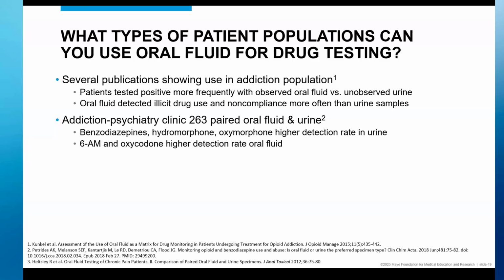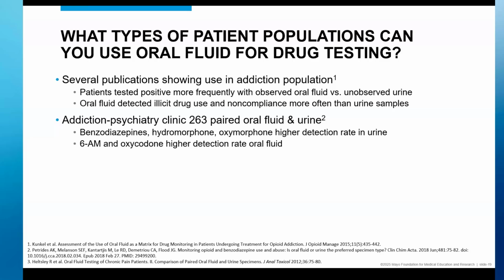They also found that oral fluid detected illicit drug use and noncompliance more often than the urine samples. And so this is why using a rotational strategy of sometimes using presumptive oral fluid testing along with urine testing is a good method in these addiction population patients.